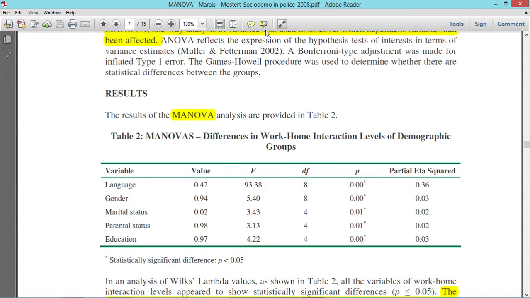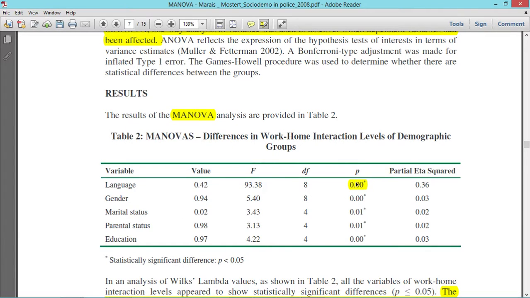So if we find a significant p-value, it means that among the subgroups of language that were involved in the study, a statistically significant difference exists in terms of the levels of work-home interaction.